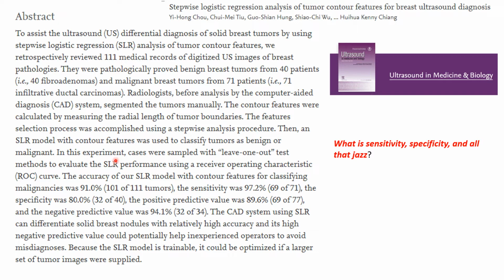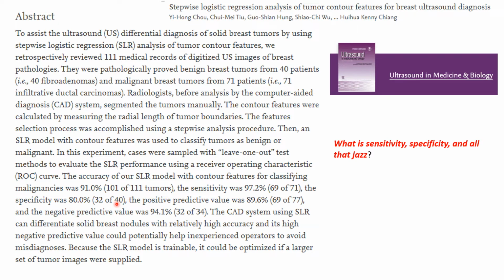Cases were sampled with a leave one out test method to evaluate the LSR performance using a receiver operating characteristic ROC curve. The accuracy of our LSR model with contour features for classifying malignancies was 91%. That is, they were correct on 101 of 111 tumors. The sensitivity was 97.2%, 69 of 71, and the specificity was 80%, 30 of 40.